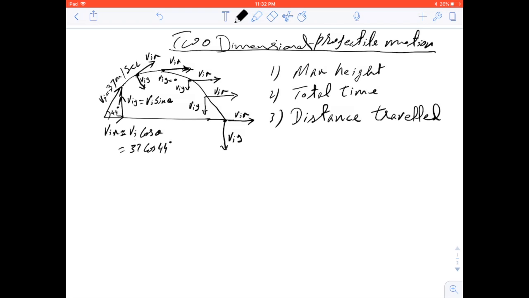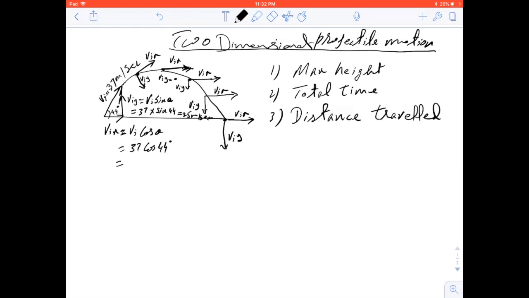So when we substitute the values, which is 37 times sine of 44, that will be equal to 25 meters per second, and the initial velocity of the x component will be 26.6 meters per second.